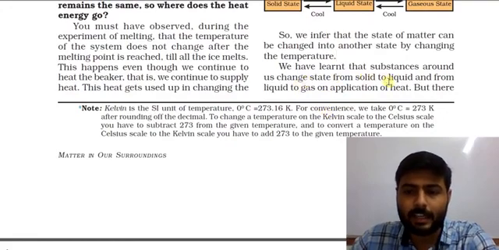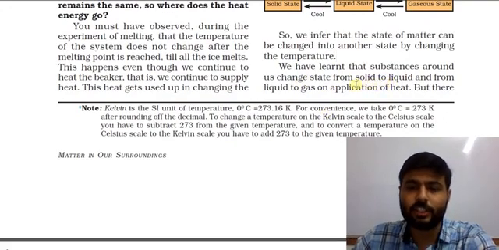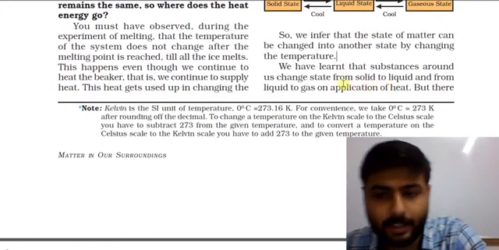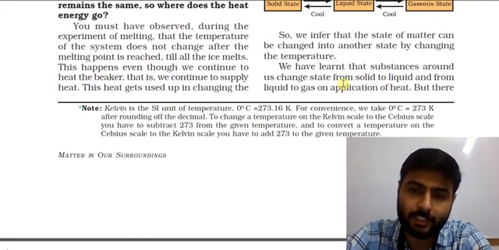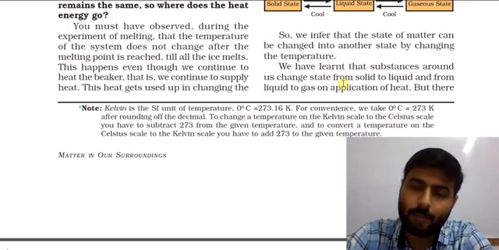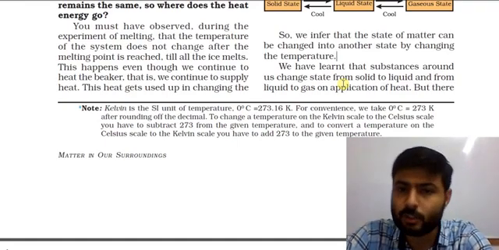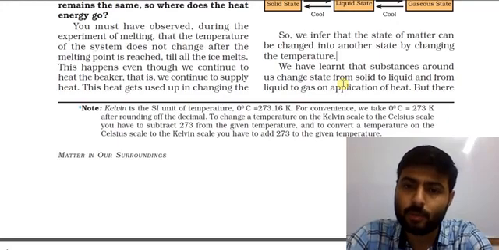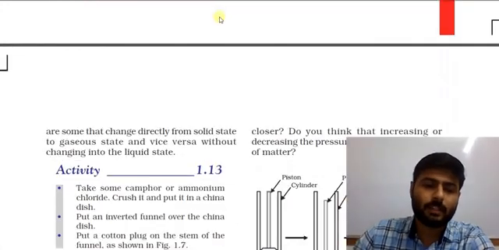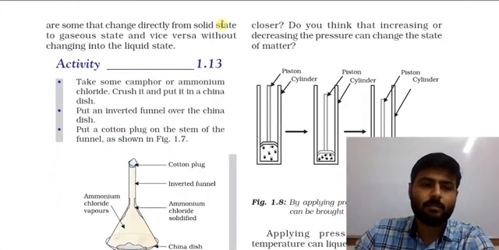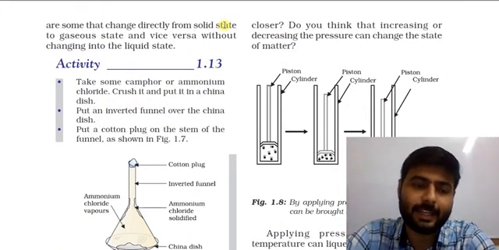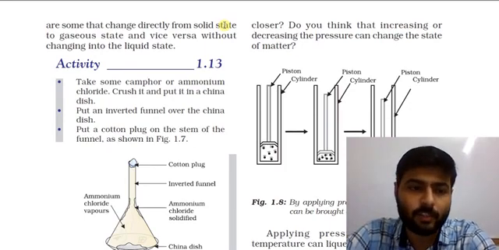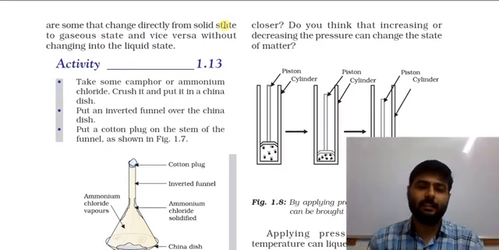We have learned that substances around us change state from solid to liquid and from liquid to gas on application of heat. But there are some that change directly from solid state to gaseous state and vice versa without changing into liquid state.